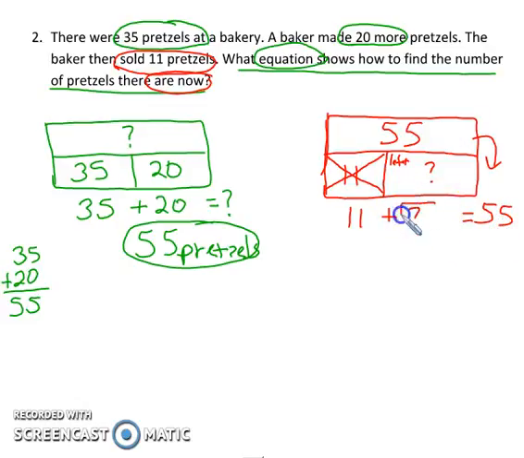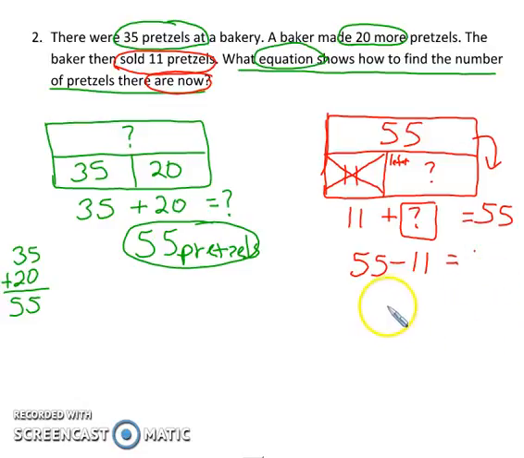Now I have this question mark in the middle of my equation, and to me that's not friendly to my brain. I want to turn this equation around and I want to do the inverse operation to move it to the other side. So what is the inverse operation of addition? It is subtraction. We are going to subtract using 55 at the front minus 11 equals how many pretzels are there now?